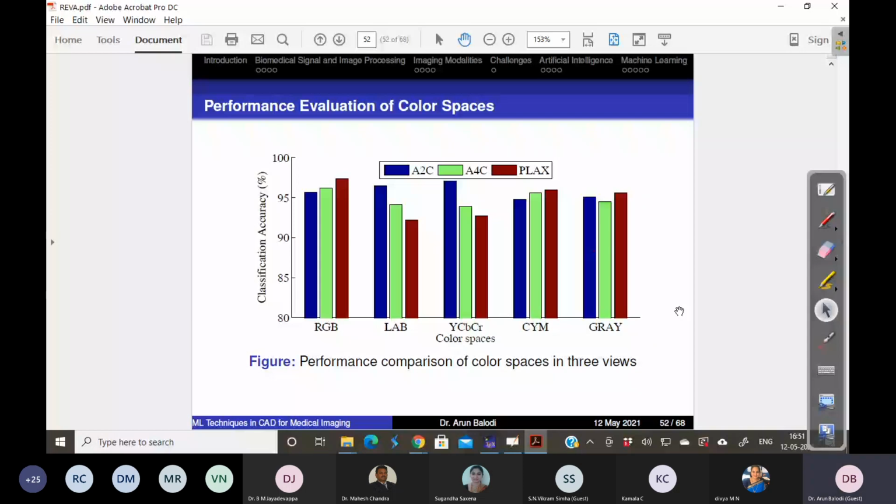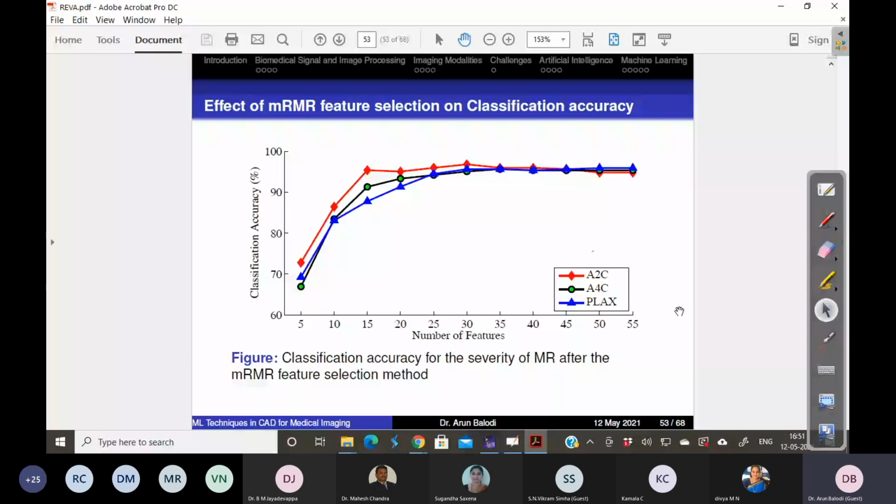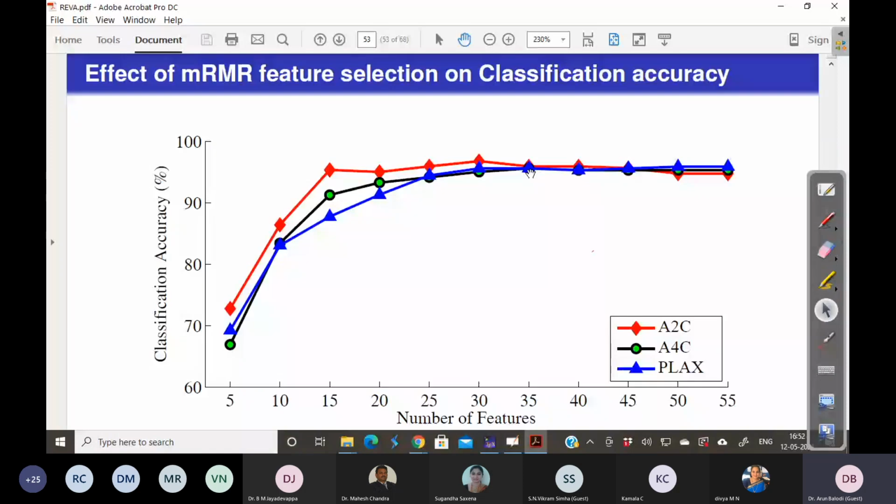By using the mRMR feature selection technique, in this particular experiment we increased the number of features 5, 10, 15, 20, 25, and so on up to 55. We found that at approximately 35 features, the classification accuracy for all the datasets came out the same.